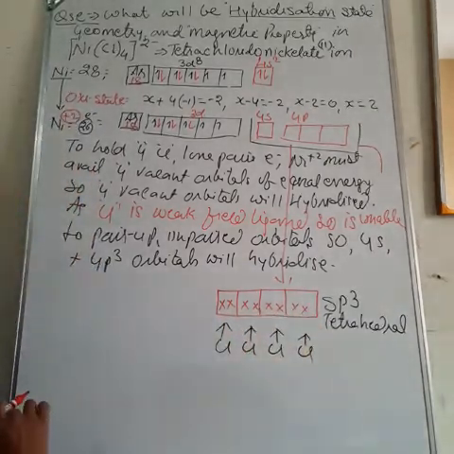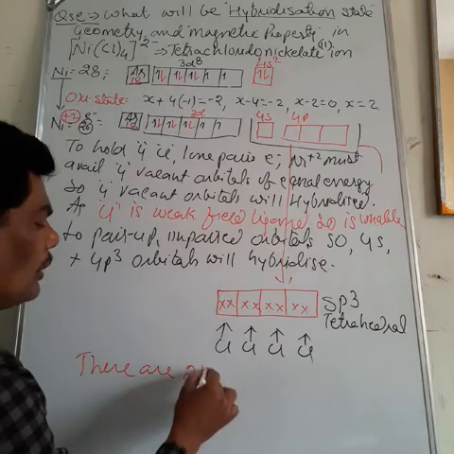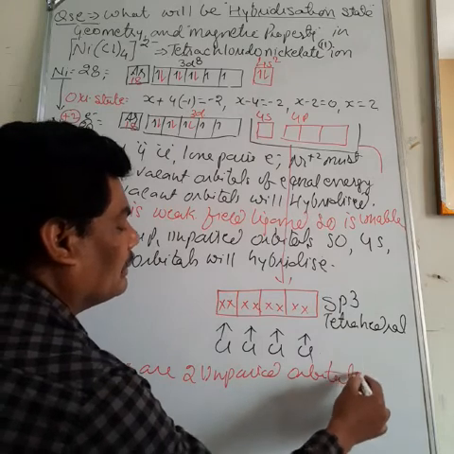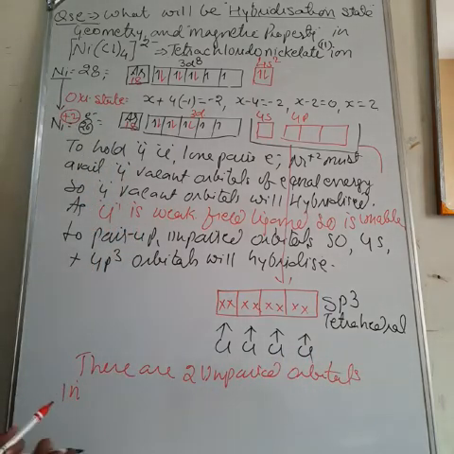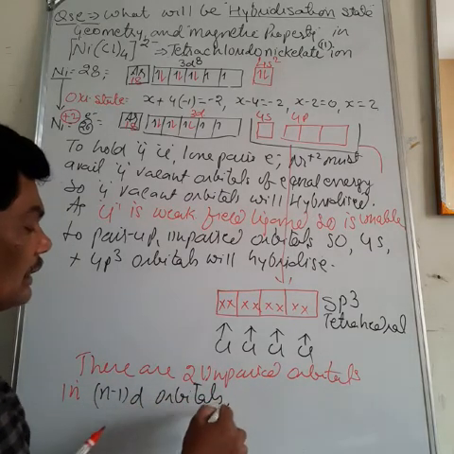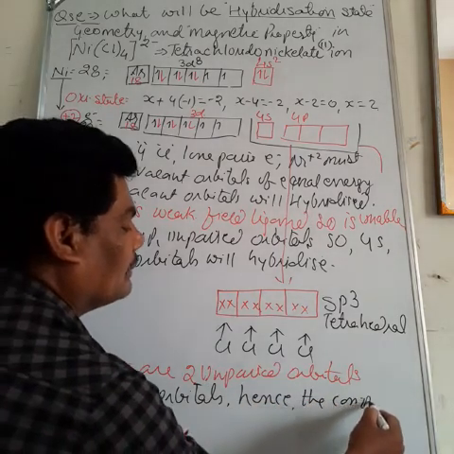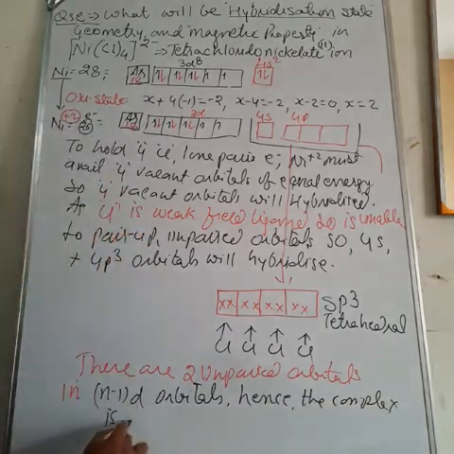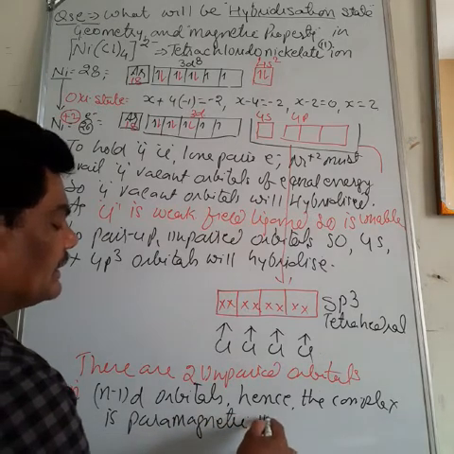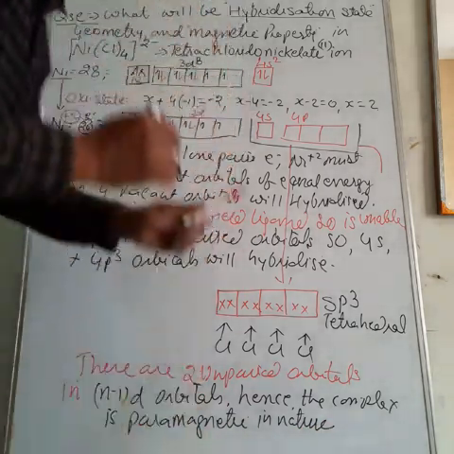In this complex there are 2 unpaired electrons in the n minus 1 d orbitals, hence the complex is paramagnetic in nature. I told you earlier, the magnetic property depends on the number of unpaired electrons.